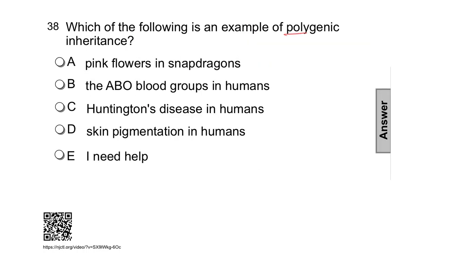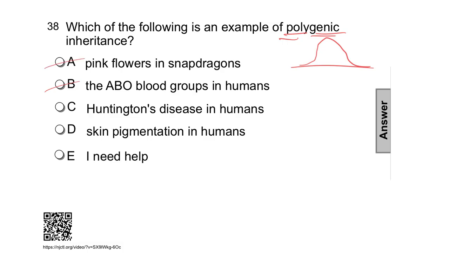Okay, polygenic means many genes produce the trait. So there's a bell-shaped curve distribution of different traits from two, three, four or more genes, polygenes. So not this, not that.